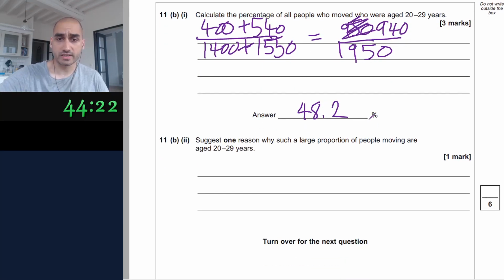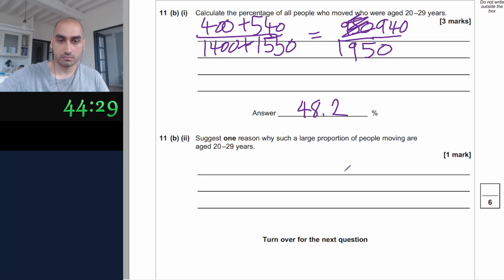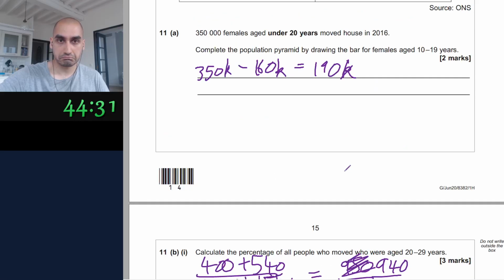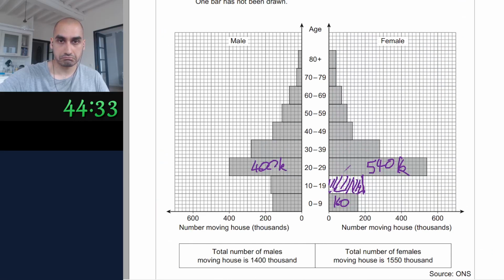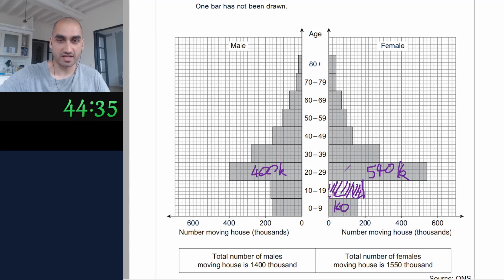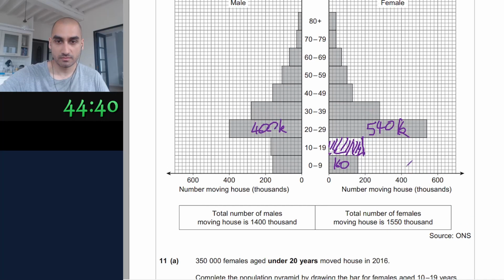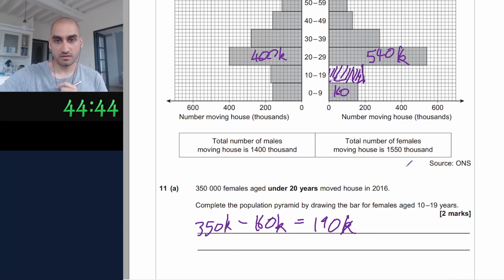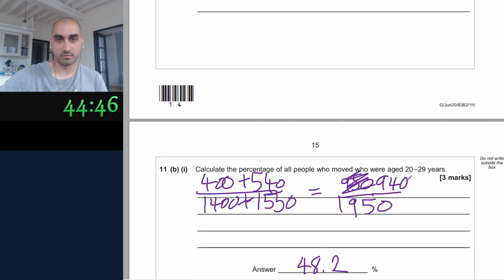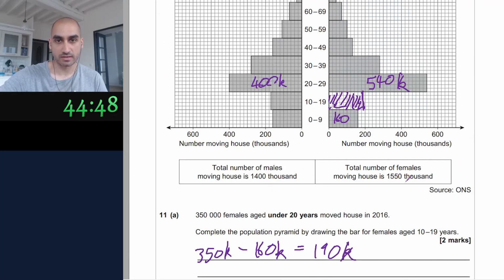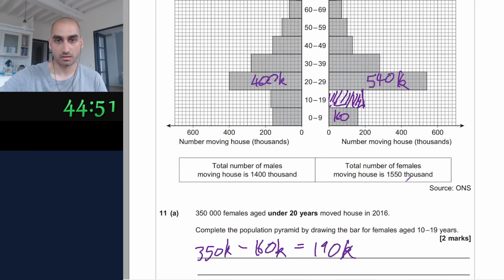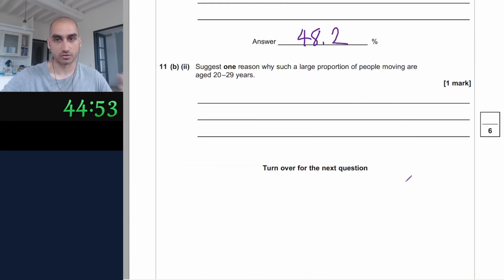Give one reason why such a large proportion of people moving are aged 20 to 29. Because that's the age when you move, isn't it? That's like when you're finally an adult. But when they say moving house, what exactly do they mean? Are they counting people moving out of their parents' house? Probably. Yeah, because that's moving house. Sure.